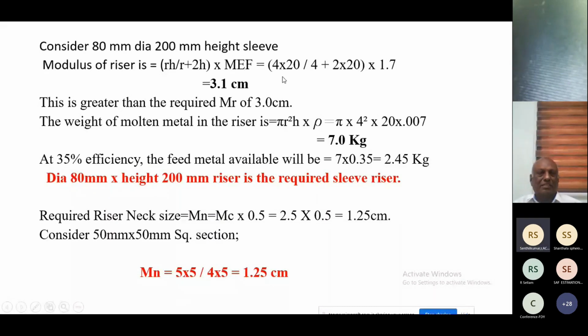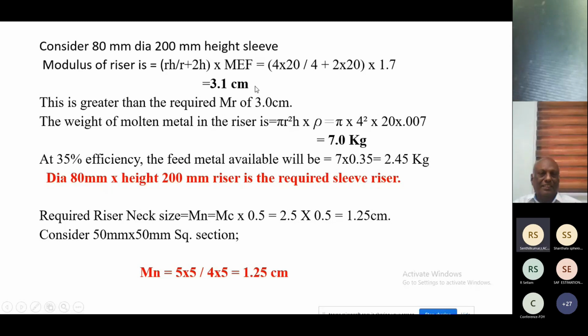Riser diameter is 80 mm, radius is 40 mm, that is 4 centimeter, into height is 20 centimeter, divided by 4 plus 2 into 20 centimeter, 2h, into MEF 1.7, that is 3.1 centimeter. This is greater than the required MR of 3 centimeter. So modulus wise, this is okay.